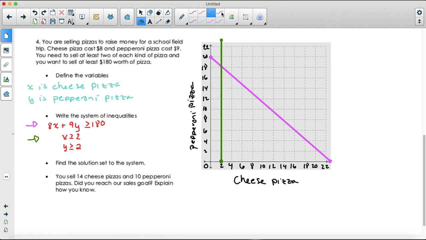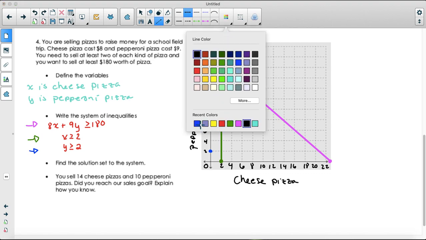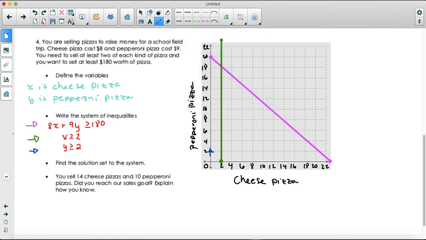The next one, which I will graph in dark blue, we have Y is greater than or equal to 2, so I'll put my Y value at 2, and this will be a horizontal line. So a horizontal line segment, 2. And they are all solid because it's all equal to.